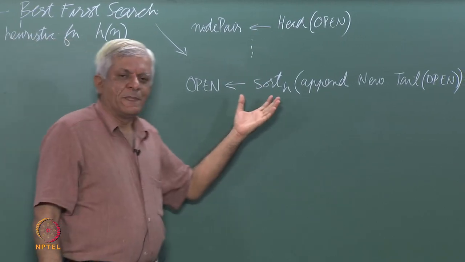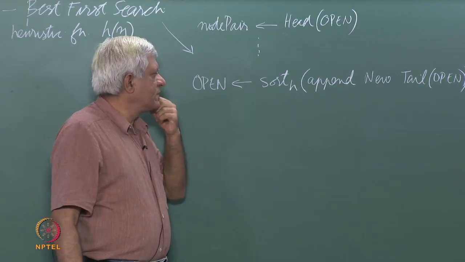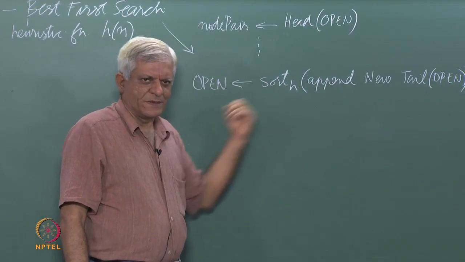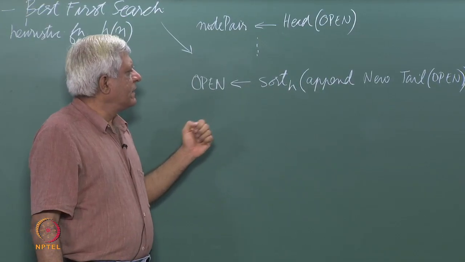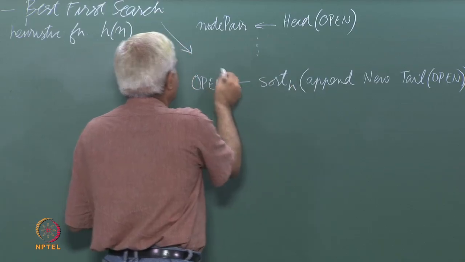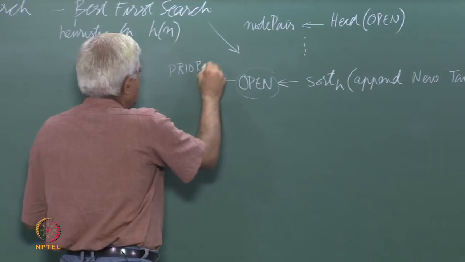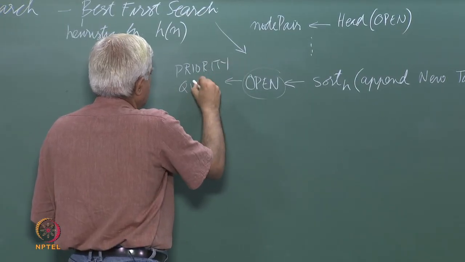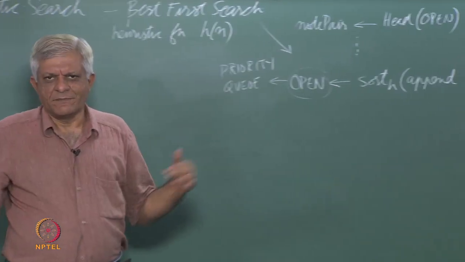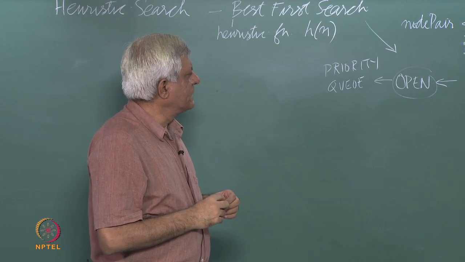Now, when I say sort, we conceptually mean sorting it, but computationally it would be quite silly to sort an open list every time. Instead we maintain open as a priority queue, which is an efficient way of maintaining a sorted list of elements, and you can keep adding new elements to that.